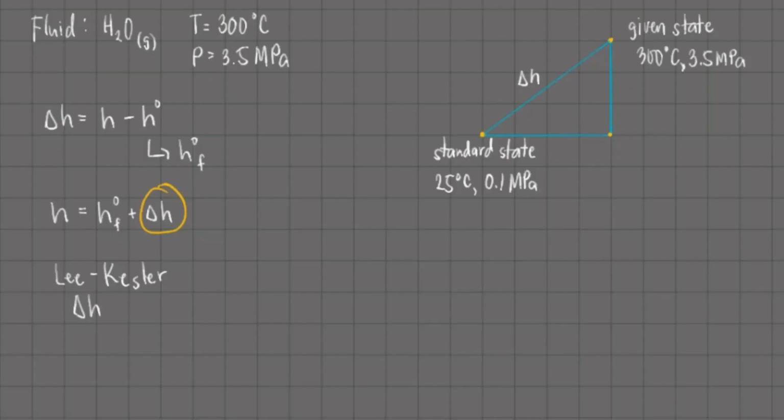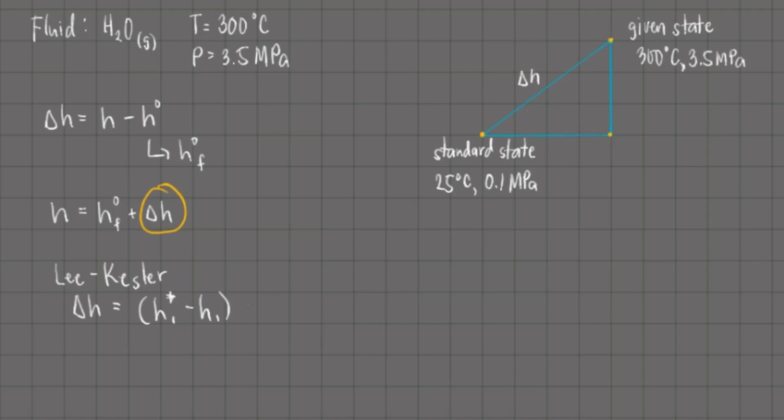Going back, whenever we are using the Lee-Kessler generalized enthalpy departure charts, we have to define our delta H in terms of three terms. The first term is H1 asterisk minus H1. H1 asterisk is the specific enthalpy of the standard state at ideal conditions, while H1 without asterisk is the actual enthalpy of the standard state.